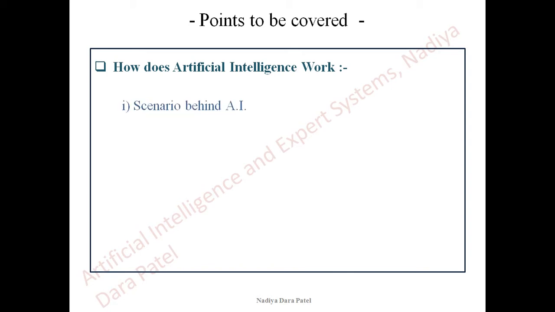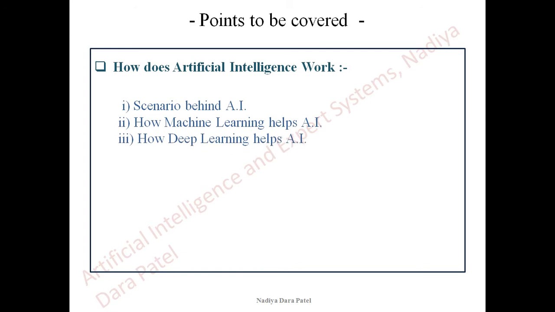So the first thing which we will see is the scenario behind artificial intelligence. The next thing we will go through, we have already gone through what machine learning is and how it is related to AI, but now we will understand what technology machine learning is using. We'll just get a glimpse of it. The next thing we will understand is how deep learning helps.